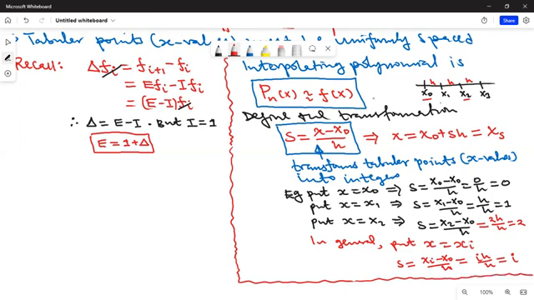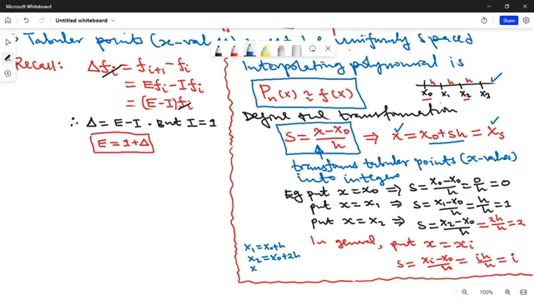So now let's go back to the interpolating polynomial. We have said that we are replacing x with x naught plus sh, or you can also write that as x subscript s, still the same. Remember, why am I saying it is x subscript s? Remember that x1 is the same as x naught plus h, x2 is the same as x naught plus 2h, and you can see it from this diagram that I've drawn.